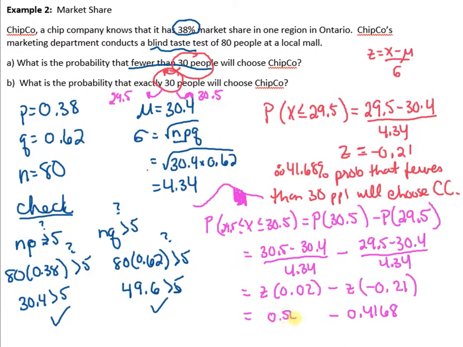So 0 decimal 5080. Now if we subtract those, 0.5080 minus 0.4168, 0.0912. So therefore, there's a 9.12% chance, or percent probability, exactly 30 people choose Chipco.